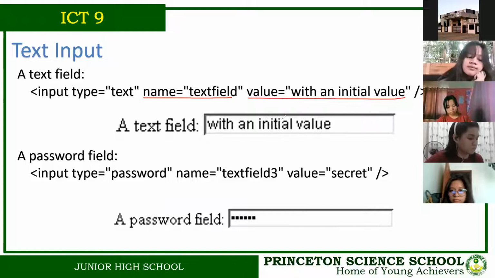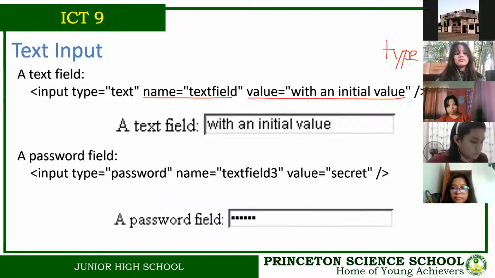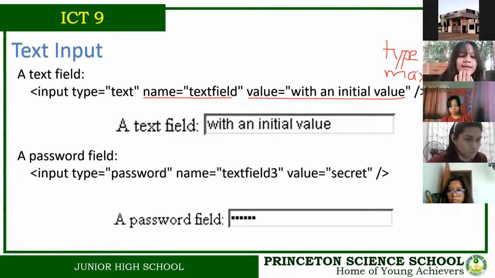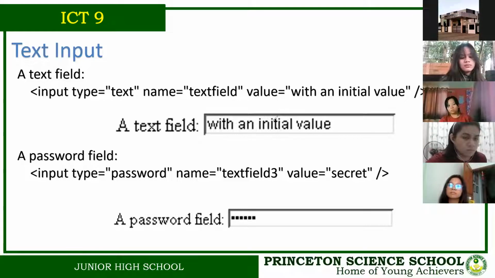Last time we already applied the type, the size, and the max length. The remaining two, the name formatting attribute and the value formatting attribute, are applied to this one. The purpose of the name formatting attribute is just to name that specific text box.